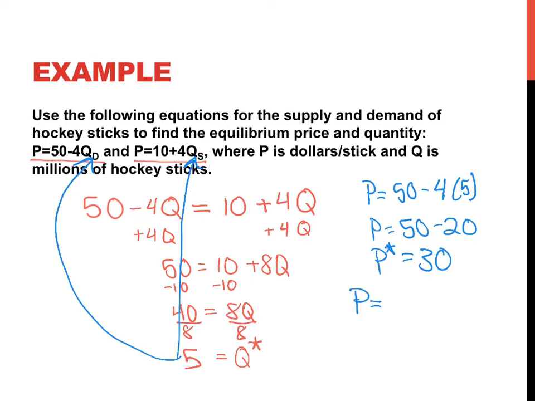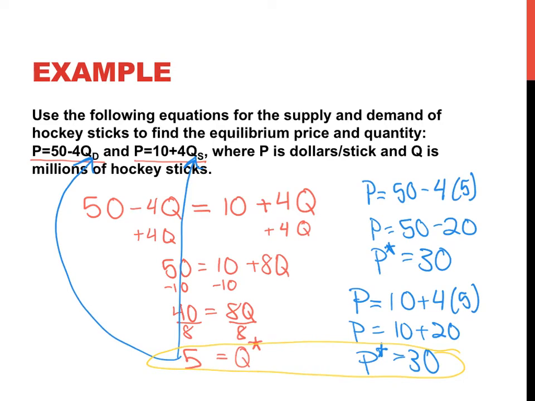If we use the supply equation, P equals 10 plus 4 times 5, which is 10 plus 20, or P star equals 30. So you can use either or. Because you've set the equations equal to each other, it should give you the same value. But our market equilibrium is P star of 30 and Q star of 5, or 5 million hockey sticks.